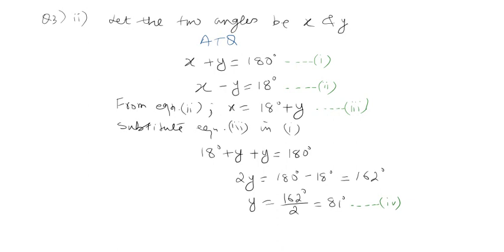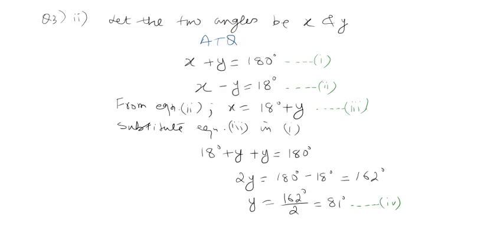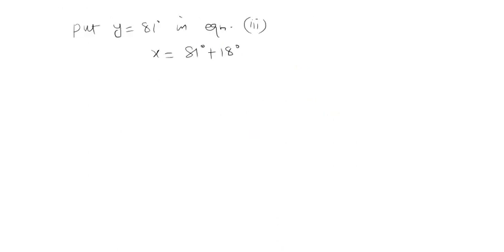I can put it in the third also, so I'll put it in the third. Put y is equal to 81 degrees in equation 3. So x is equal to 81 plus 18 degrees, because if you see, the third is this.